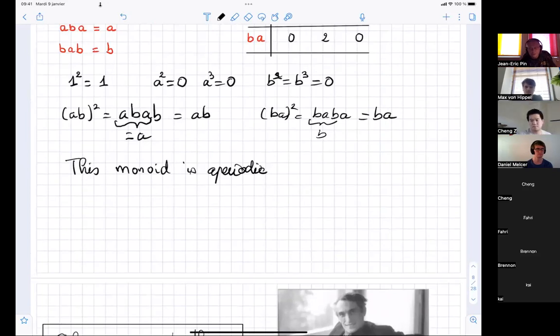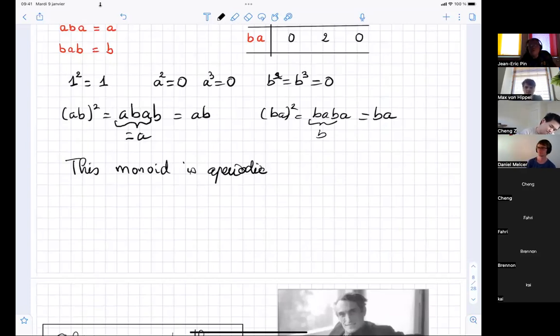I mentioned the role of idempotence. And you can prove that if you have a finite monoid, any idempotent in a finite monoid is contained in a maximal group. And being aperiodic means that these maximal groups are all trivial.